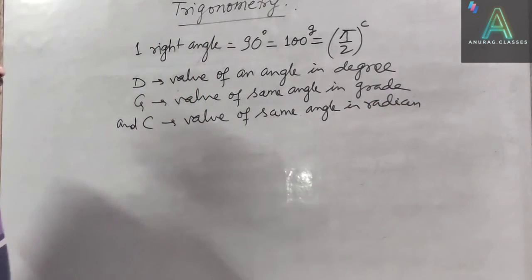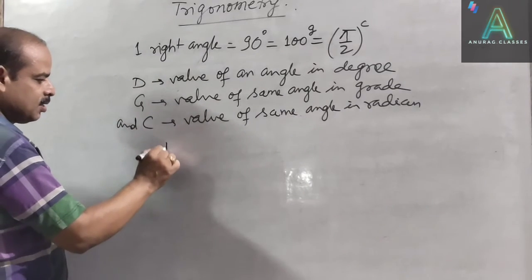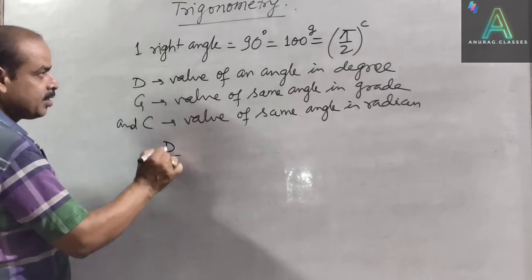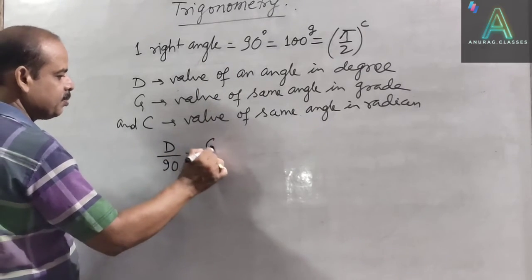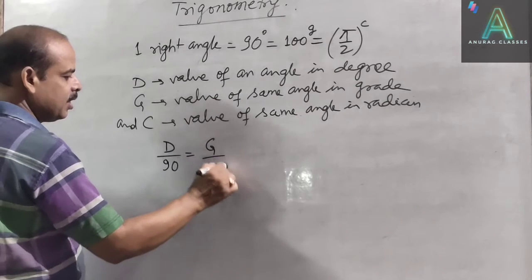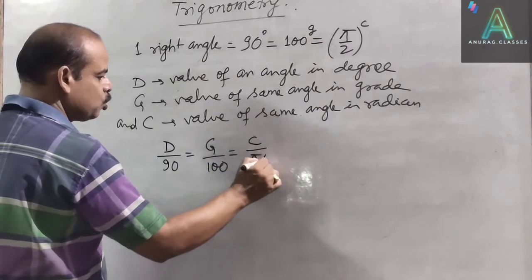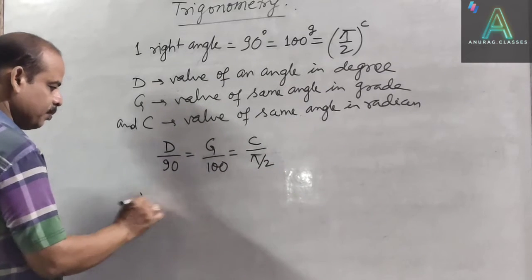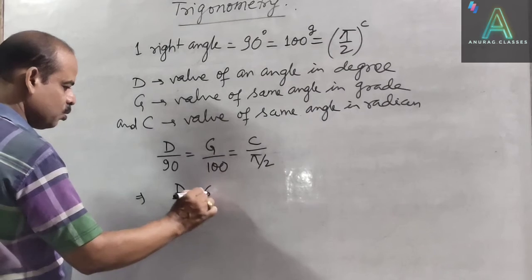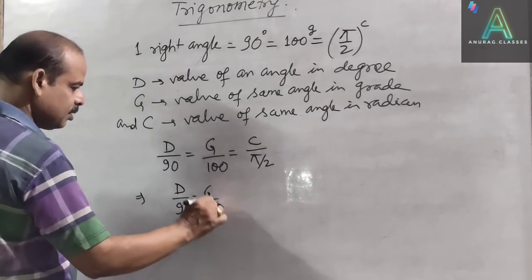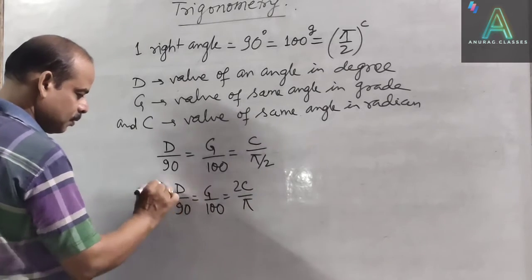Then very easily you can compare these values. In degree system the right angle is 90, in grade system the right angle is 100, and in circular system right angle is pi by 2. That will be d by 90 is equal to g by 100 is equal to 2c by pi.